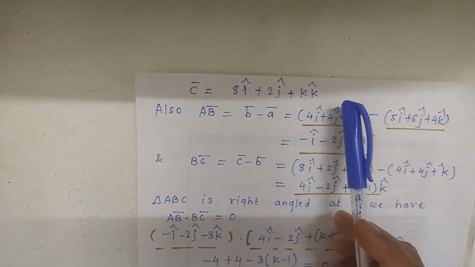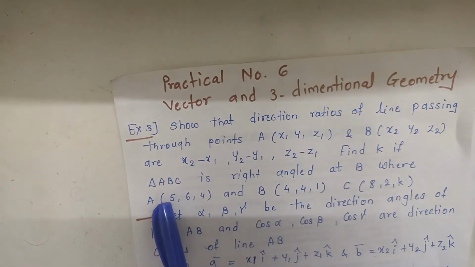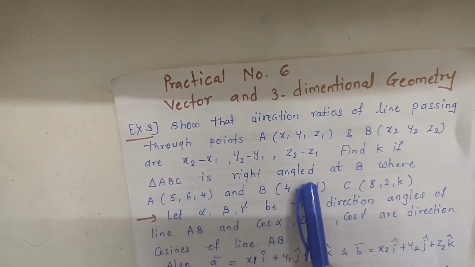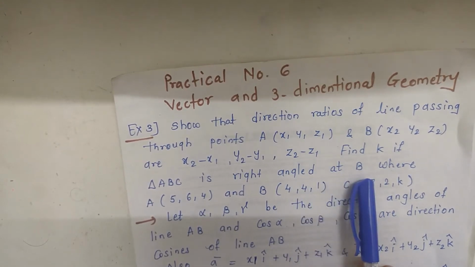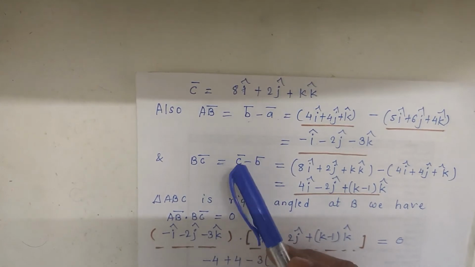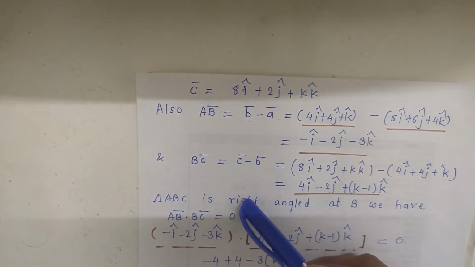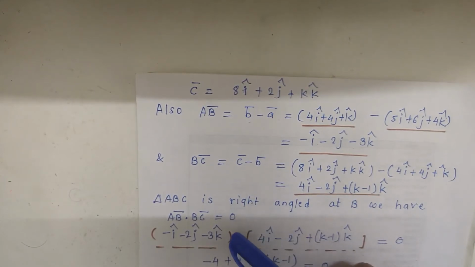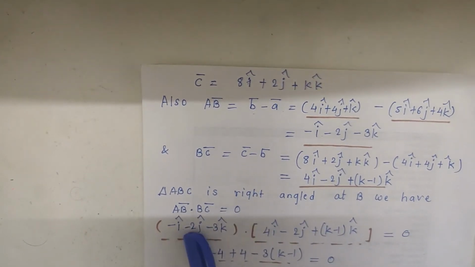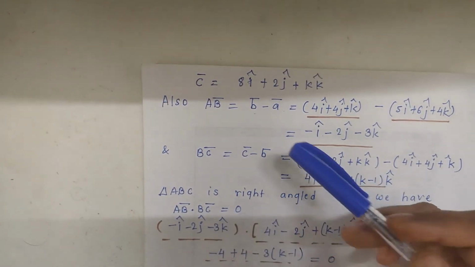Now here in the example, the triangle ABC is right angle at B. So two sides of the triangle ABC, AB bar and BC bar, are perpendicular to each other. So the dot product of vector AB bar and BC bar, which are perpendicular to each other, will be 0. So first find out AB bar.